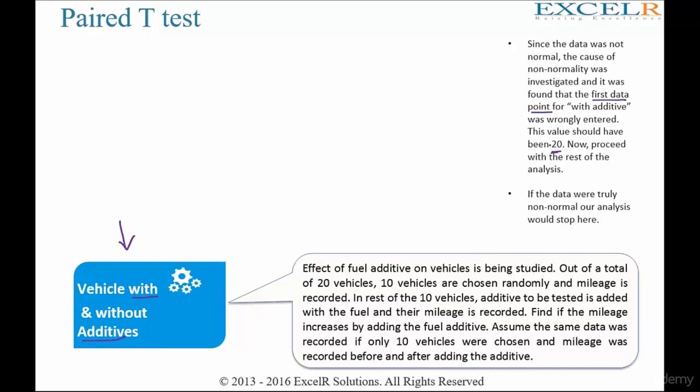We will replace it with 20 now and then try to proceed with the analysis. Once we replace it with 20, we need to once again check whether data truly follows normal distribution or not. And if the data were truly non-normal, our analysis would stop here.